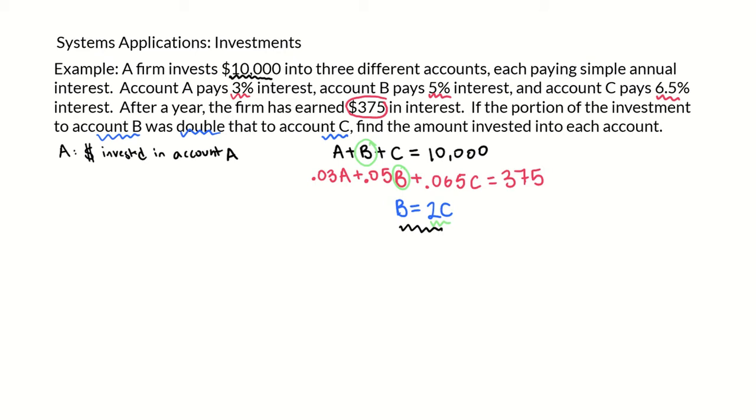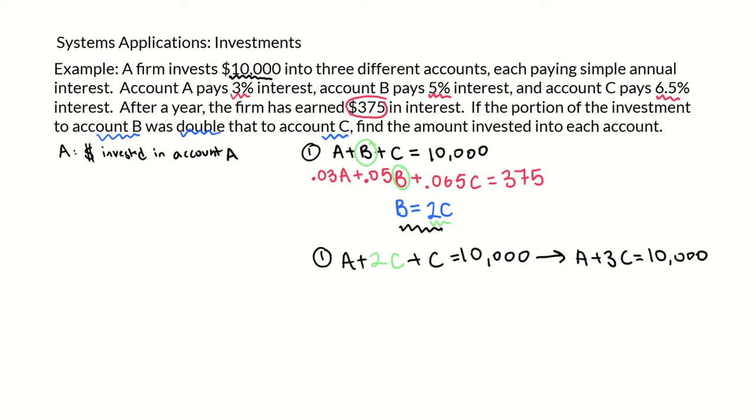So for this first equation, we could instead write A plus 2C plus C equals 10,000, since B is equal to 2C. We could turn that equation into A plus 3C equals 10,000.